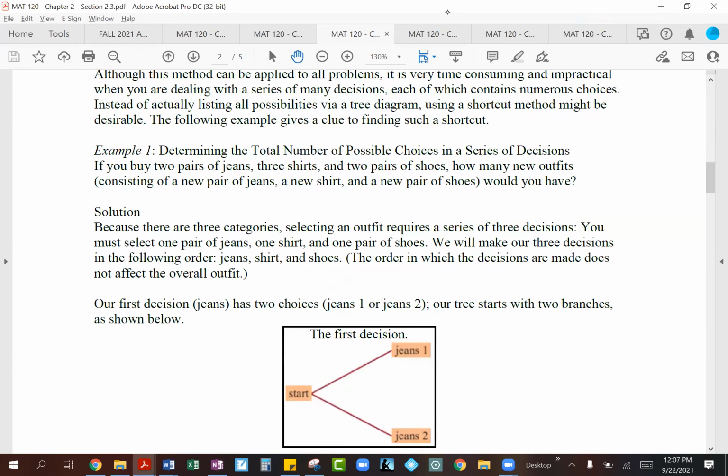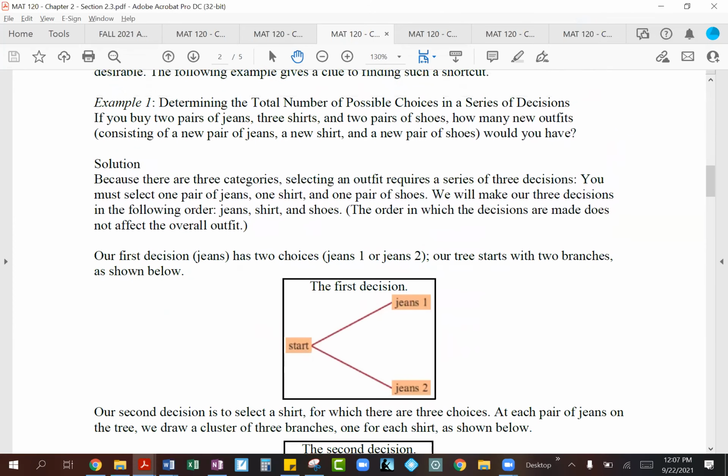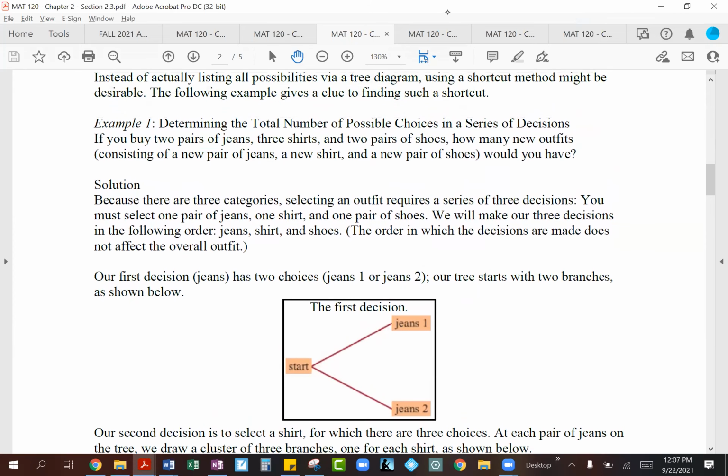So if you look at one of these examples over here, they're talking about if you buy 2 pairs of jeans, 3 shirts, 2 pairs of shoes, how many new outfits do you have? In this case, you take the 2 pairs of jeans, multiply that with the 3 shirts, multiply that with the 2 pairs of shoes, and you will basically get 12. So you have 12 new outfits depending on how you combine them.